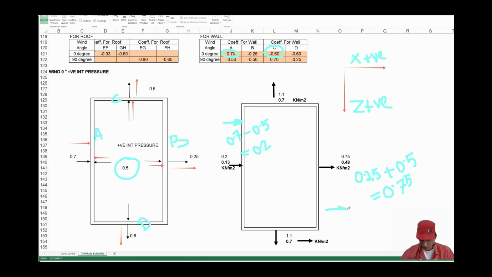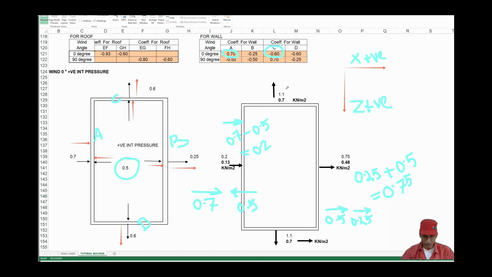See, both internal pressure and external pressure, 0.5 and 0.25, are in the same direction, so that is why we have added them. Whereas in wall A, 0.7 is in positive x direction and 0.5 is in negative x direction, so we are deducting 0.5 from 0.7. So we are getting net effective pressure coefficient as 0.2.